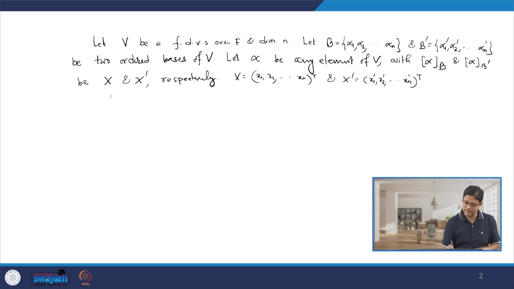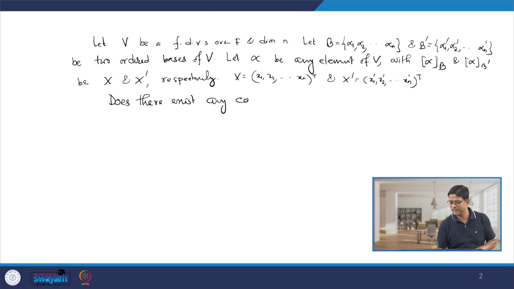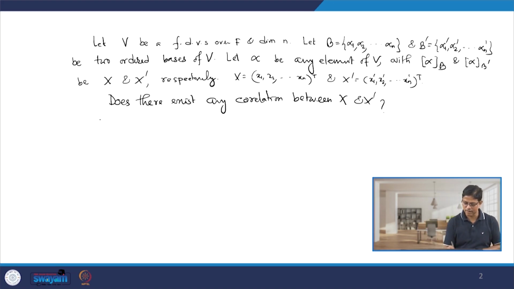So, the question is, does there exist any relation between capital X and X prime? The answer is yes.